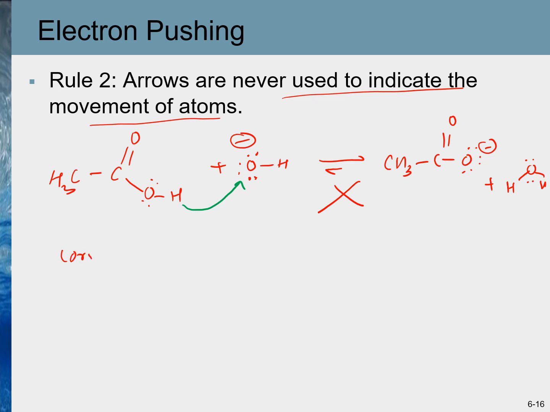The correct step is that we use curved arrows to show the movement of electrons, not atoms.